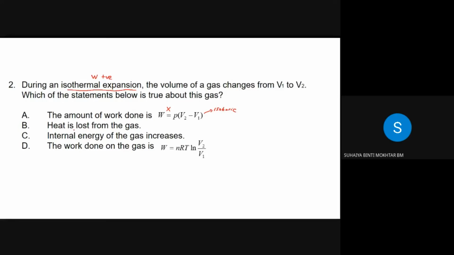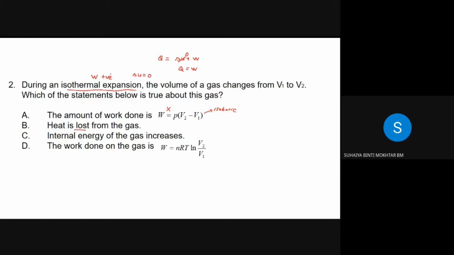Then B, heat is lost from the gas. Is that correct? This case is expansion. Our equation is the first law: Q equals delta U plus W. For isothermal, delta U equals 0, right? So Q equals work done.